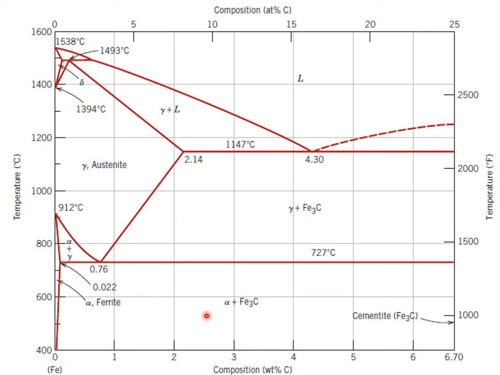Alpha is called ferrite and Fe3C is called cementite. And here you can see that this is the alpha phase, which is called ferrite, and this phase is alpha plus austenite, which is the gamma phase. So we'll be discussing the reactions which we studied earlier in the previous slide throughout this diagram.